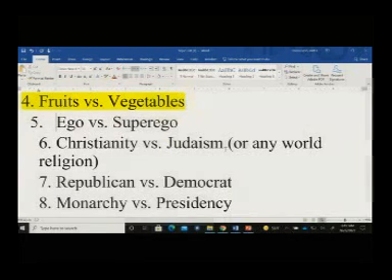Whew. Oh, gosh. Republican versus Democrat. This was applicable more last year when we were going through a political election. But I am so tired of politics right now. I think they're all crooks. They're all not the greatest people in the world. I'm going to be honest.